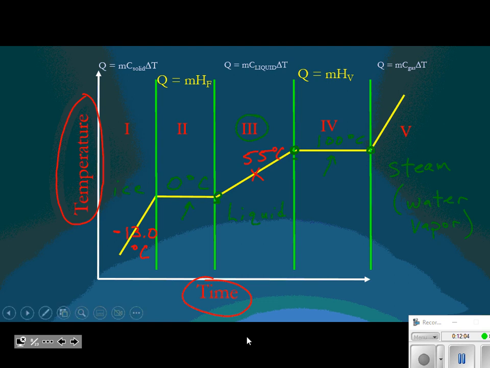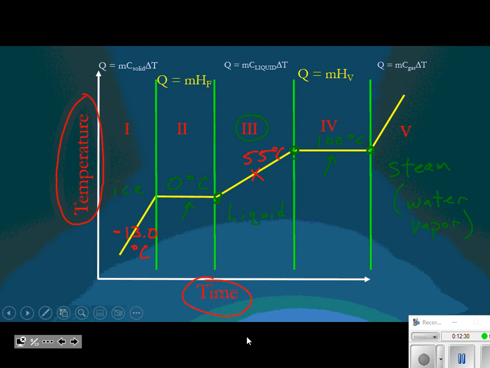Now, just putting this together, explaining all of the areas, hopefully we have a better understanding. Because when I have area 1, it's all going to be a solid. Area 2 is going to be a phase change. Area 3, it's going to be a liquid.